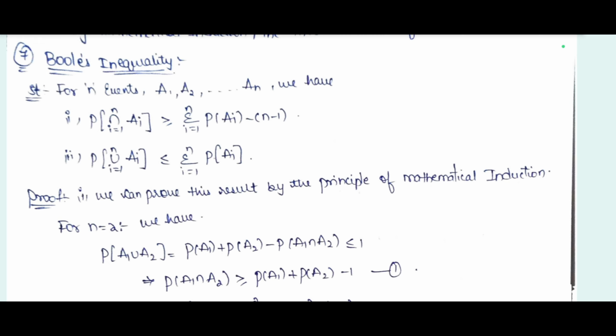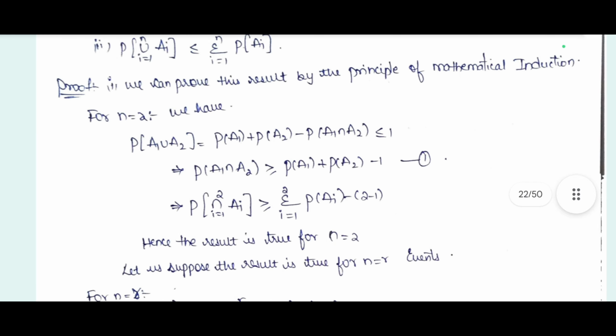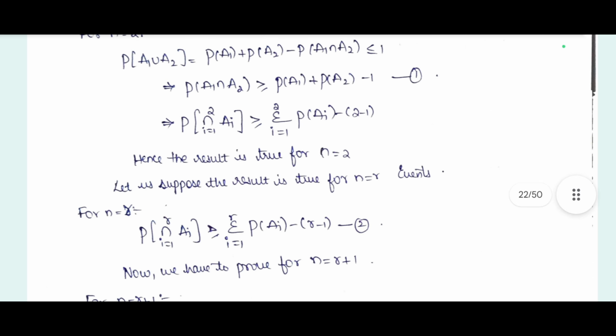For n equals 2, substitute n equals 2: P of A1 plus P of A2 minus P of A1 intersection A2 is less than or equal to 1. That implies P of A1 intersection A2 is greater than or equal to P of A1 plus P of A2 minus 1, that is 2 minus 1, hence this statement is true for n equals 2.